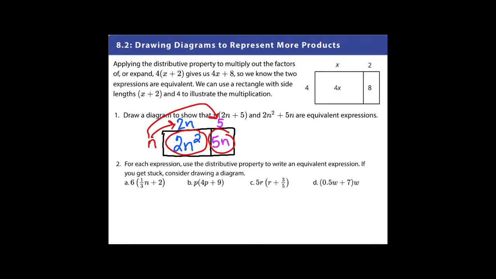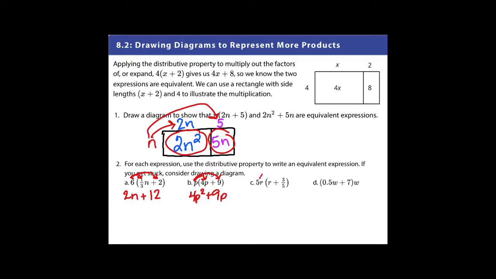So for each expression, use the distributive property to write an equivalent expression. If you get stuck, consider drawing a diagram. So for A, you take your 6 times your 1/3 n, and you'll get 2n, and then plus your 6 times your 2, and you'll get 12. Okay, B, p times 4p gives you 4p squared, and then your p times your 9 gives you plus 9p.